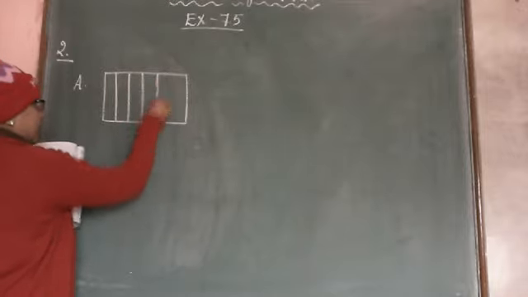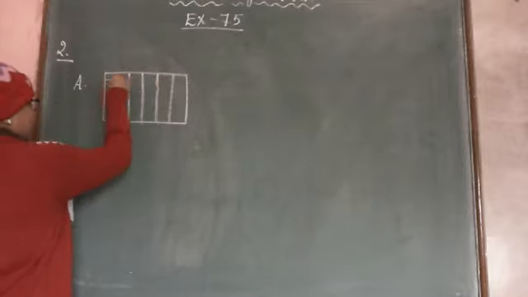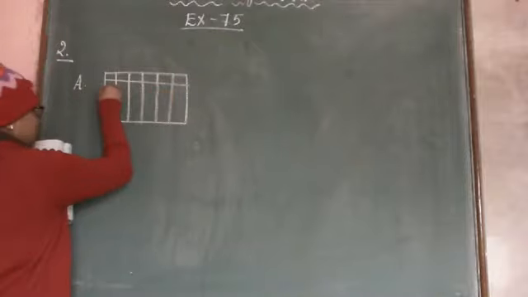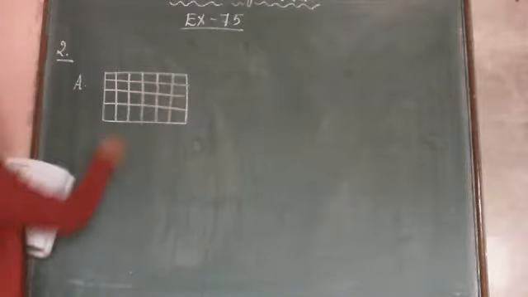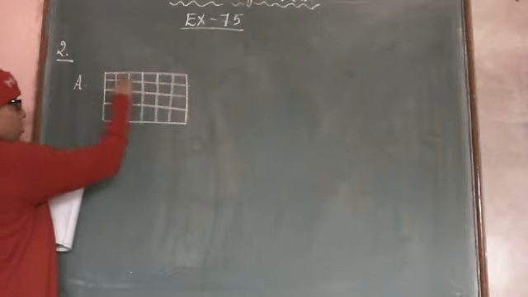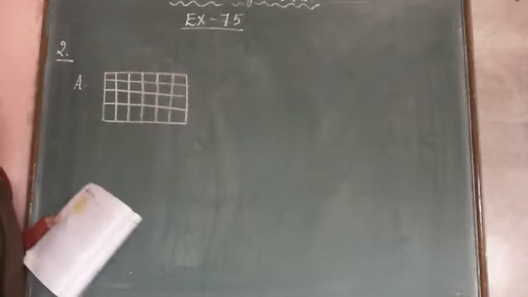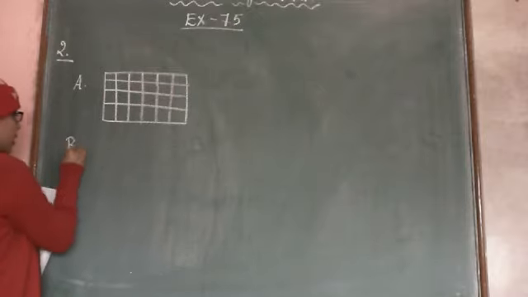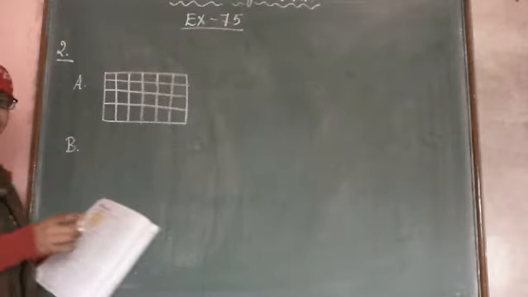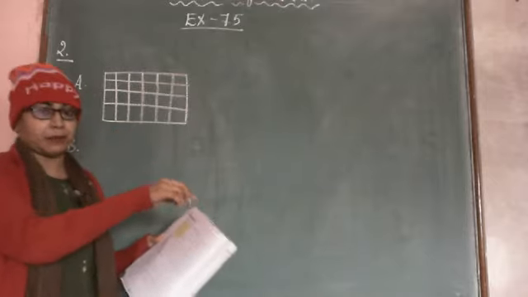Some patterns are given there. With the help of those patterns, you need to find out the single tile. See, 1, 2, 3, 4 and so on. There are so many tiles. And with the help of this picture, we need to find the single tile of the pattern and match with them.